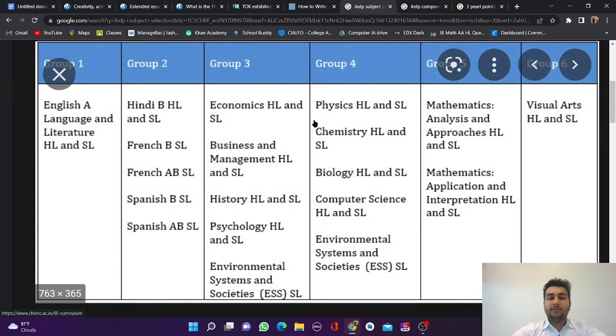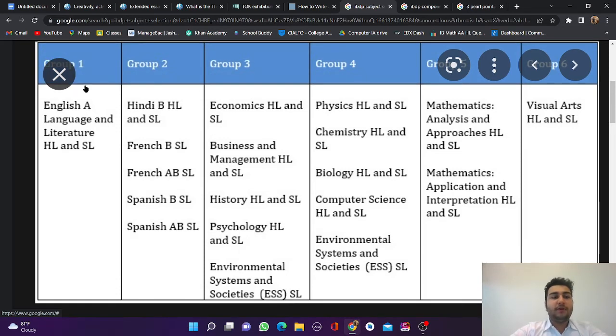So yeah, this is an example of the subject choices that your school might give. The subject choices might differ from school to school. However, you have to choose one language subject, and one subject from each group.